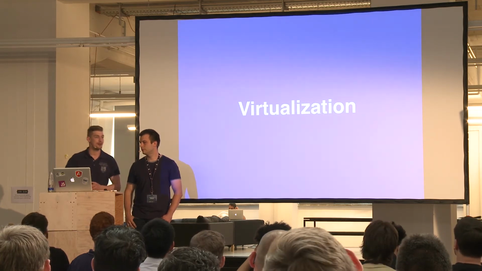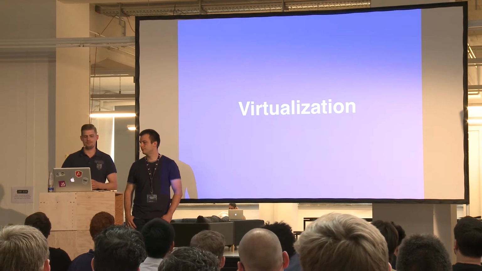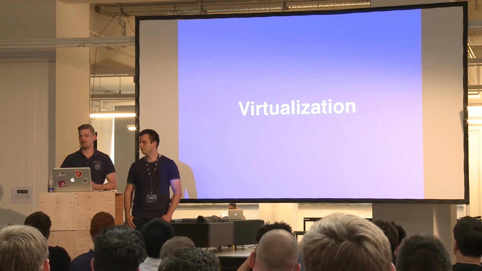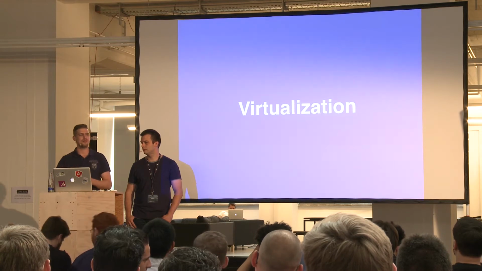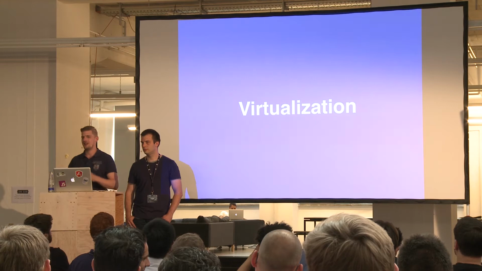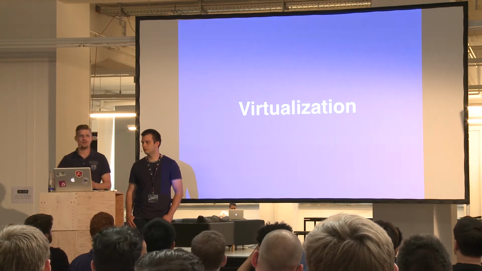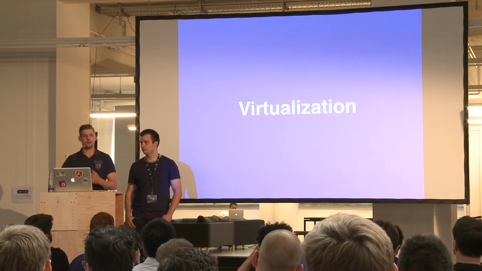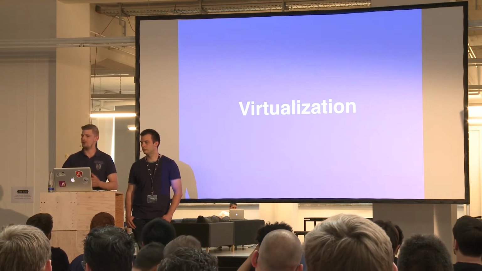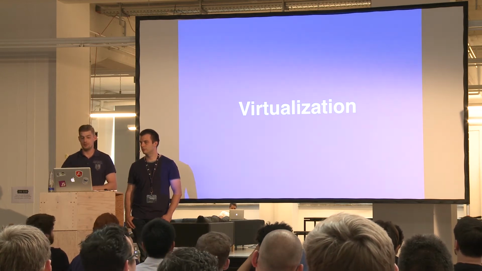And for an environment, we need virtualization. So every developer should have the same environment. This doesn't mean every developer should use the same operating system and IDE. No, it just means the project environment, like a VM where the whole project is running on, and every developer should have the same environment.